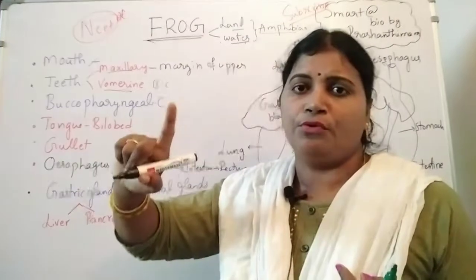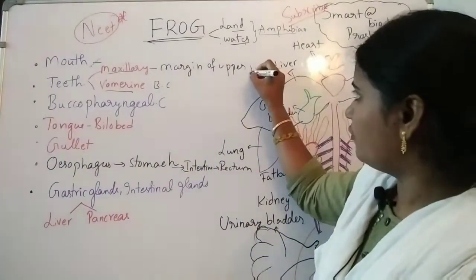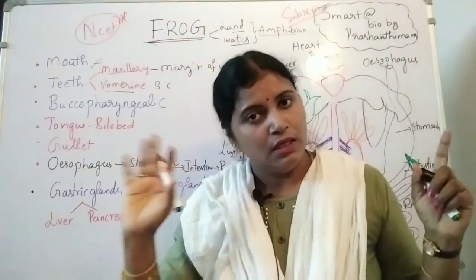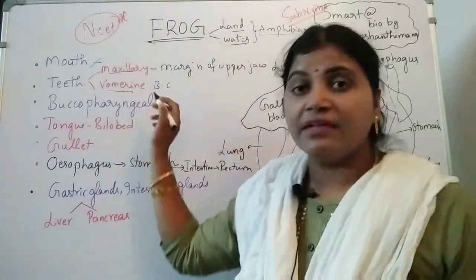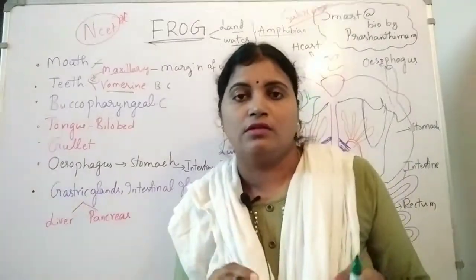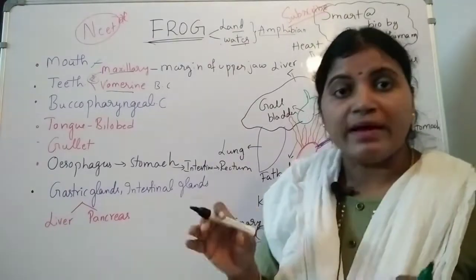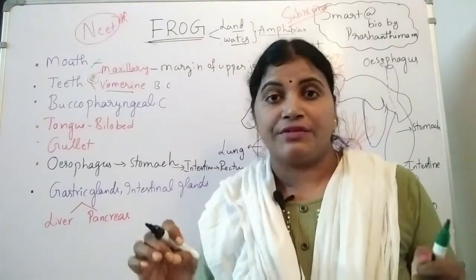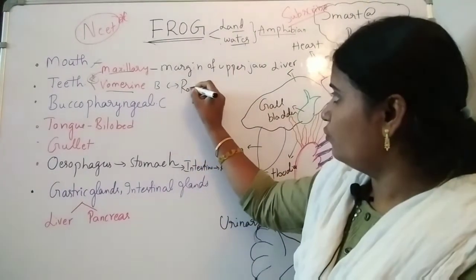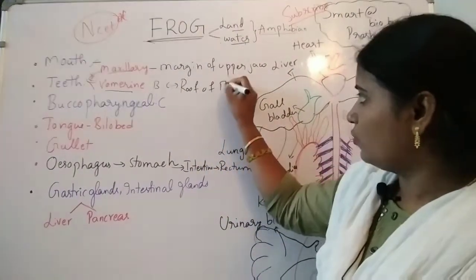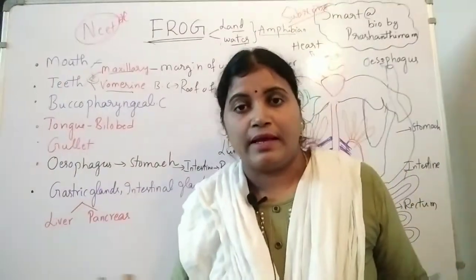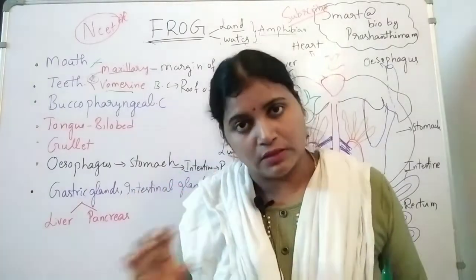Remember this very important point. Next, the vomerine teeth are located on the roof of the buccopharyngeal cavity.